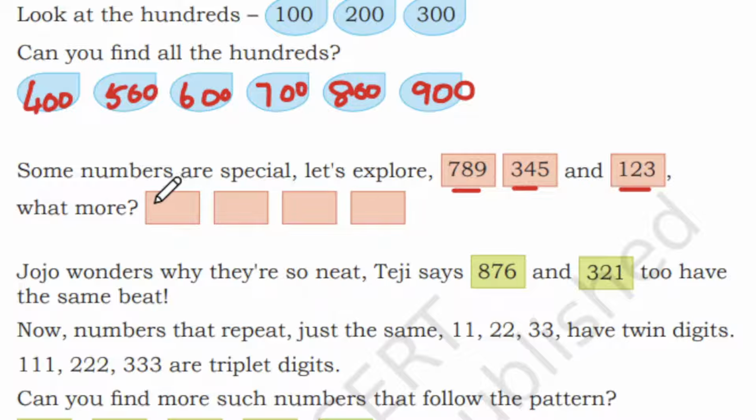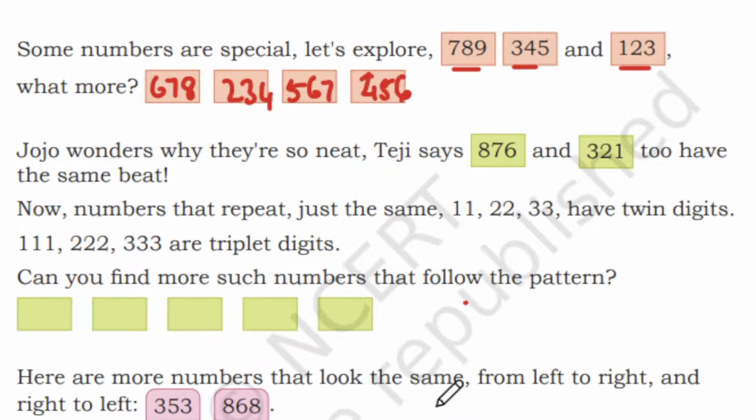You can write 678, 234, 567, and what else can you write? 456. Okay, these are special numbers.